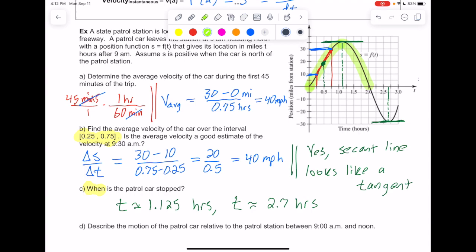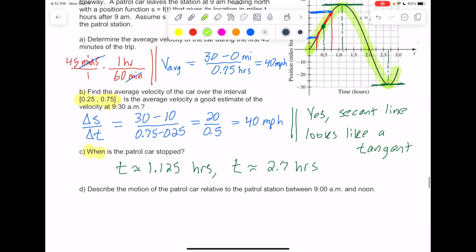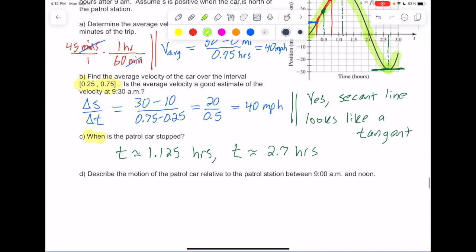We're at the station, but we didn't stop at the station because we don't have a horizontal tangent. We just drove by in the other direction and went, it looks like, somewhere in the neighborhood of like 27, 28 miles south of the station, and then turned around again and started heading back to the station. But by 3 p.m., it looks like we were not quite back to the station yet because we're still below 0. All right, so let's try and write all of that up.